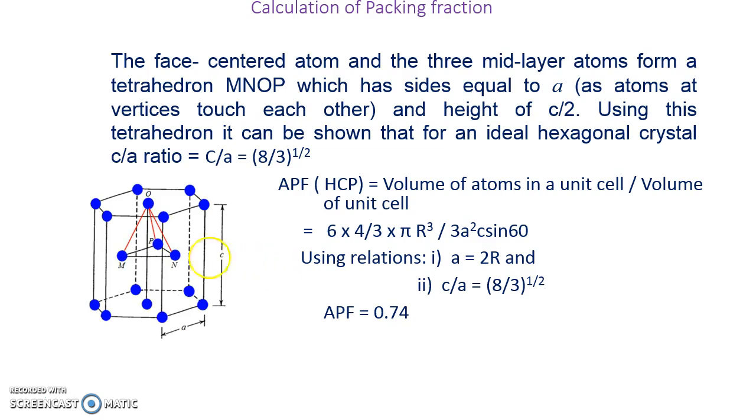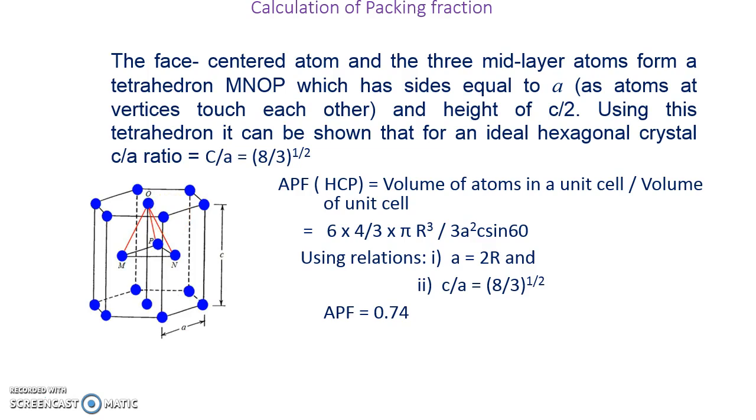Now next, let us calculate the packing fraction of the HCP unit cell. Again we are observing the HCP unit cell structure, and this indicates the positions of atoms. Concentrate on the middle layer 3 atoms, located at M, N, P, and the base centered atom at O. This forms a tetrahedron.